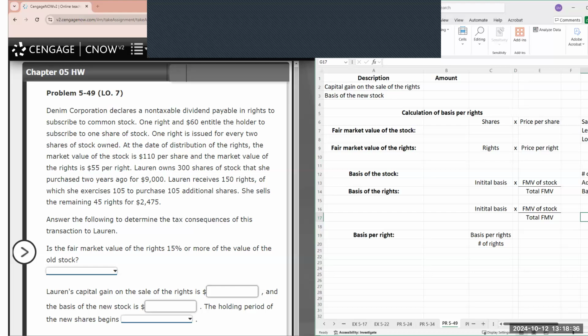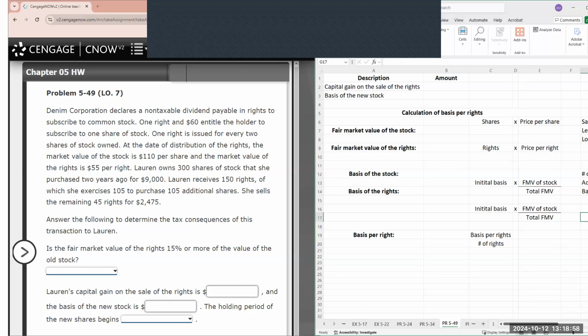This election will be made by attaching a statement to the shareholder's return for the year in which the rights are received. And in the event that the fair market value of the rights is 15% or more of the value of the old stock, and the rights are either exercised or sold, then in such case, the shareholder has to allocate the basis in the formerly held stock.